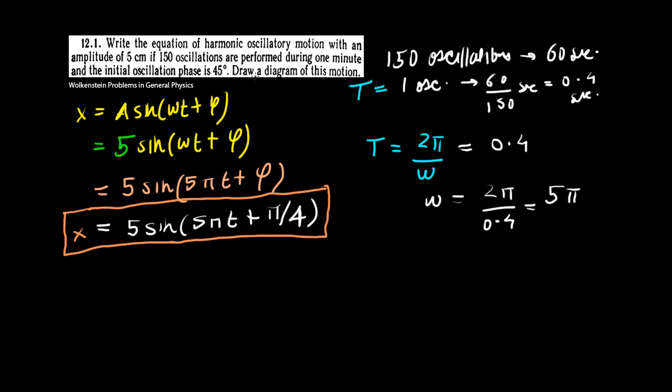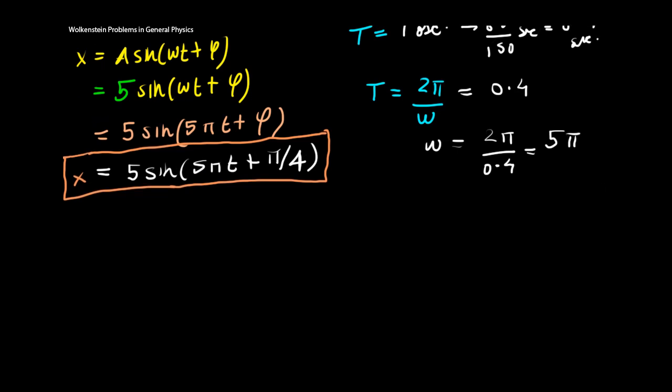So yeah, and they also asked us to draw a diagram of this motion. Okay, so you might have studied drawing the graphs of sine and cosine. So I'll just draw the axes here. Okay, so these are my axes. Not y and x, but x and t, right? x and t, that is what we have to draw.